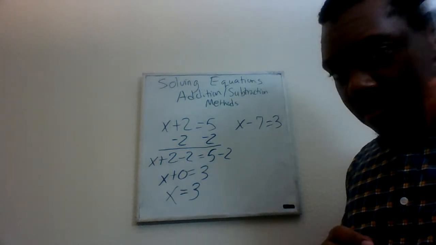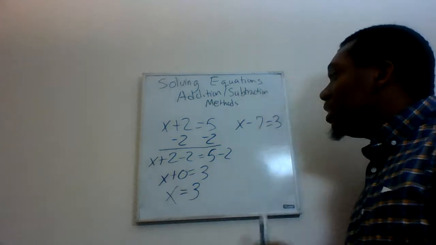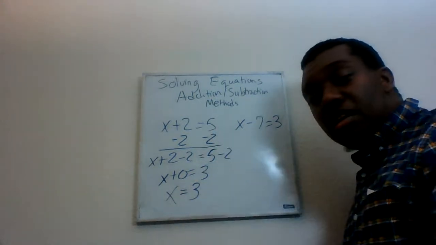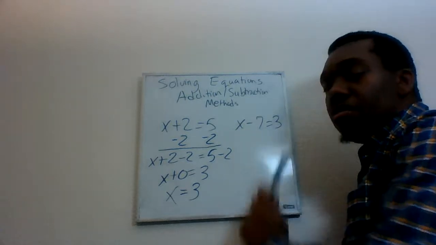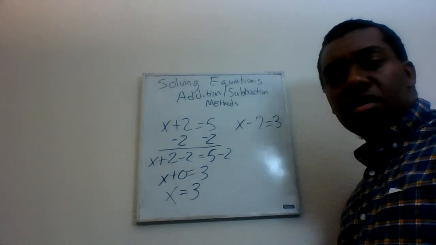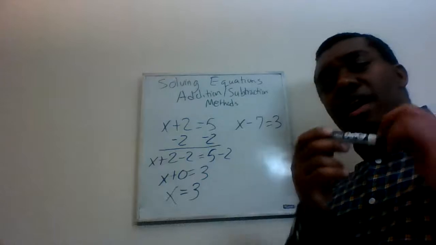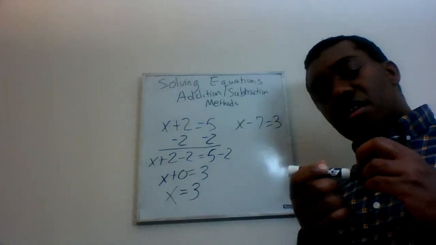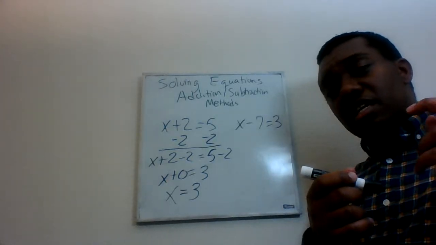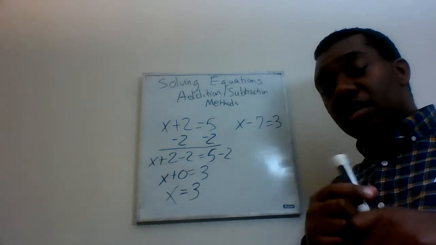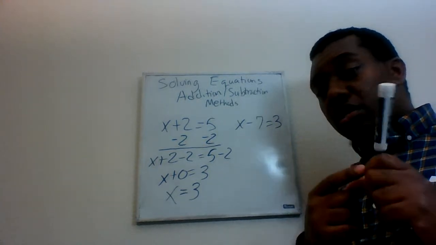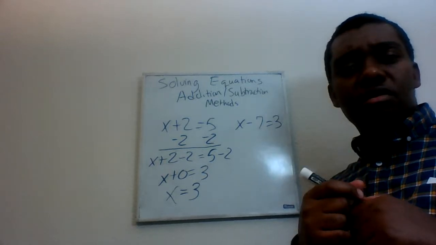Let's take that same mindset that we just used, out of any of those things I just talked about, and do it over here when we're doing x minus 7. Now this time, we have x and we're subtracting 7 on one side. So to undo the subtraction, what will we need to do?